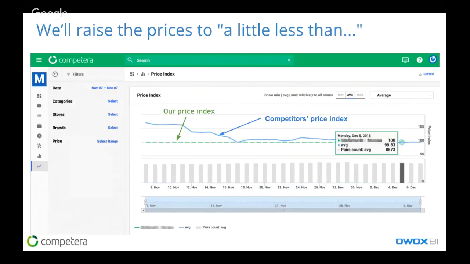So we're not more expensive right now. However, we raised our prices a little bit, and now we're getting a bit cheaper than them. However, it doesn't affect our conversion rate, and we're just making more money on that.